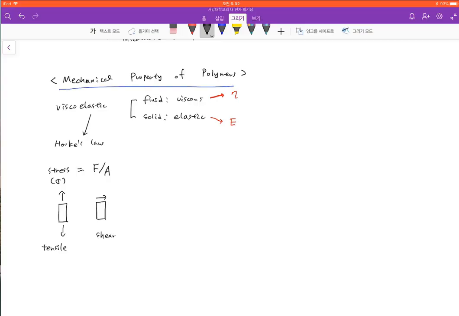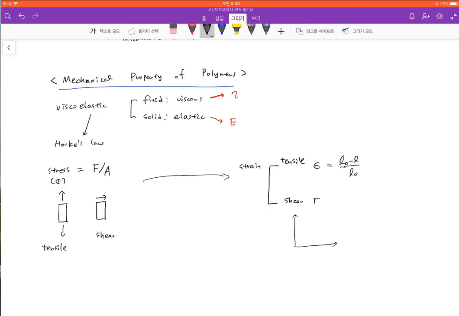If you apply this kind of tensile or shear stress, the sample would exhibit strain, tensile strain or shear strain. Tensile strain is usually denoted as epsilon. It's defined as the change of the length from the original length.